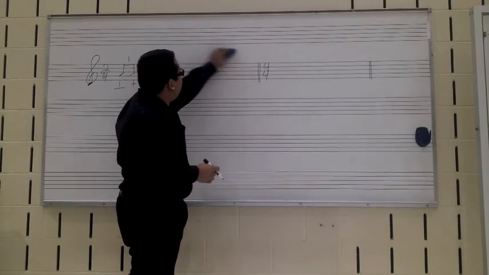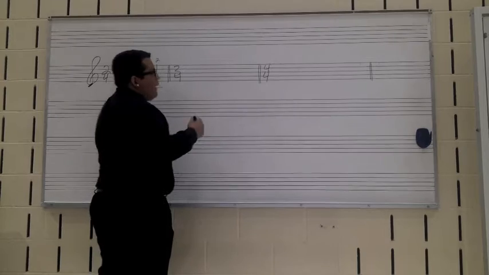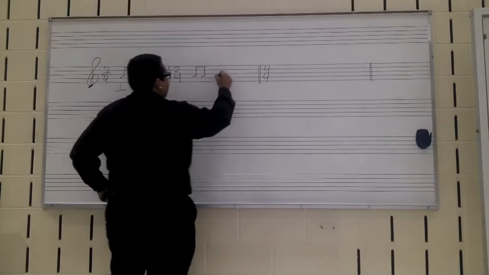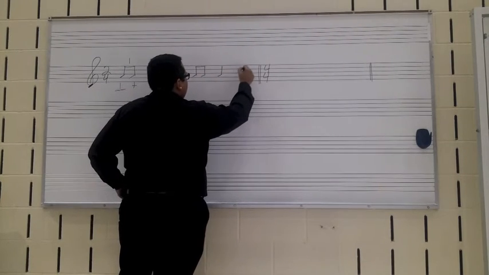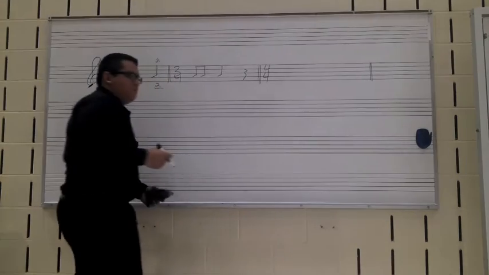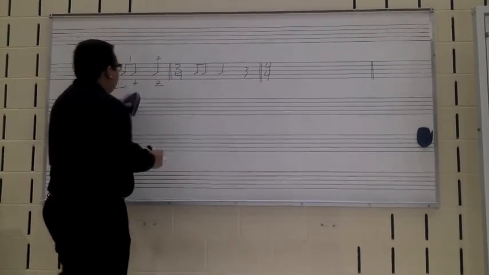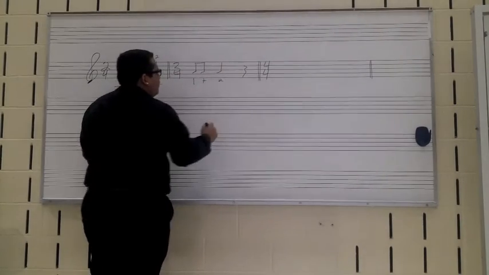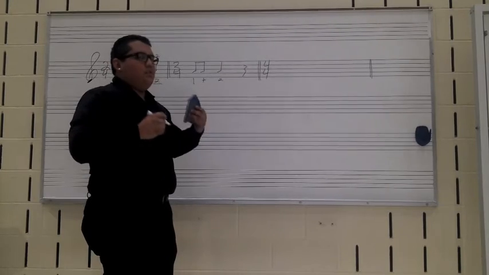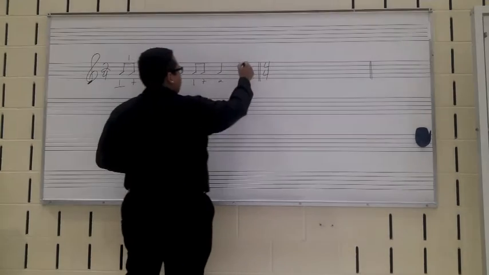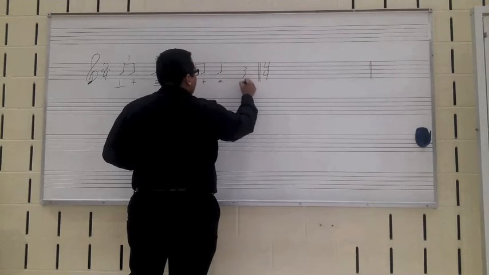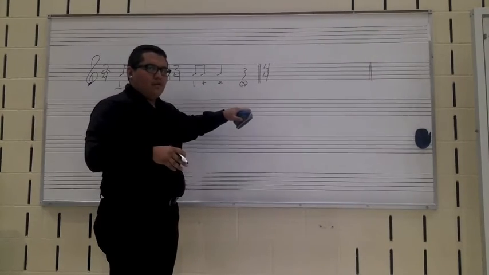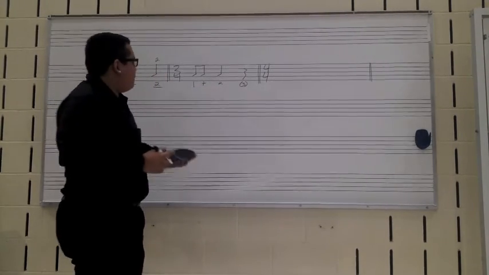Another way we could write notation in 3/4 is by having one set of 8th notes, 1 quarter note, and 1 quarter rest. Notice how it's the same as 2/4, 1 and 2. A quarter rest is a rest of 1 beat. So here is our beat 3. I'll put this in parentheses because it's a quarter rest. So we would say 1 and 2. The 3 is silent because it's a rest.